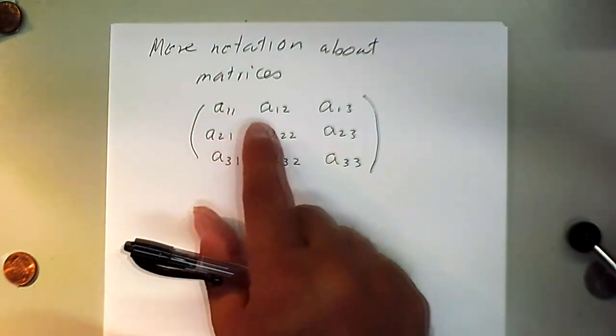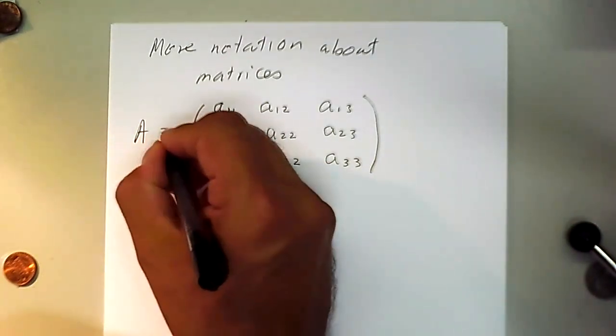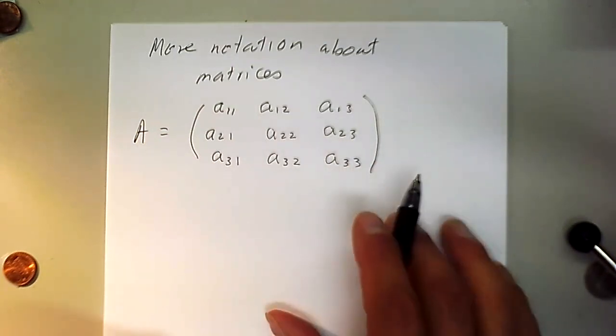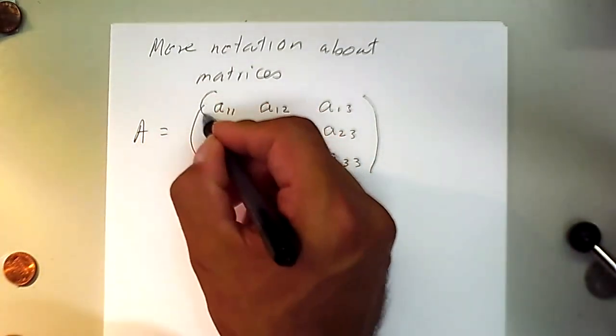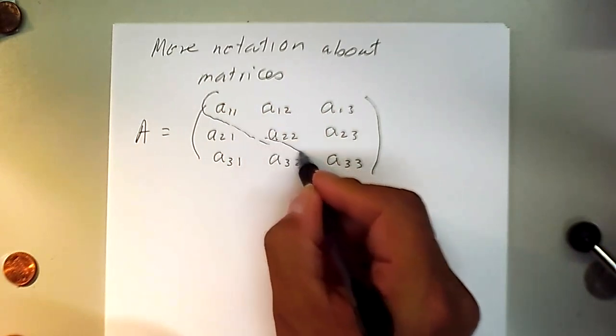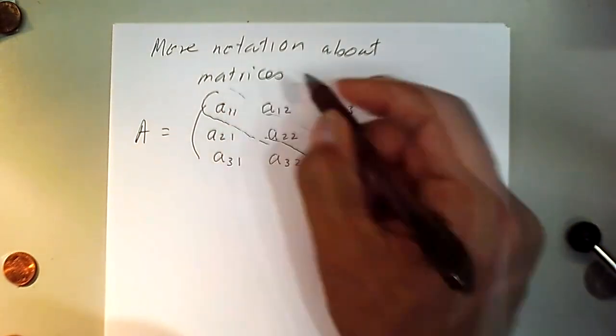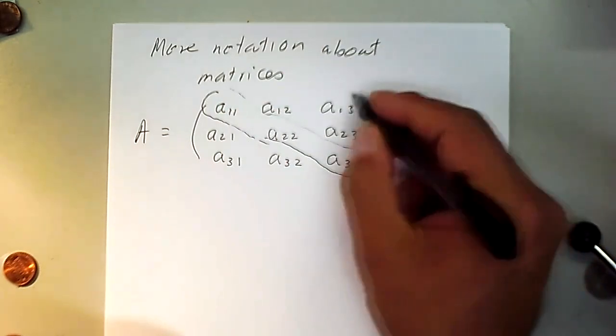A sub 1, 1. So this oftentimes is labeled as A, and then we use the same letter for the elements. The elements in this diagonal are called the elements on the main diagonal. Or I guess I should have said that is labeled as the main diagonal because there's two of them.